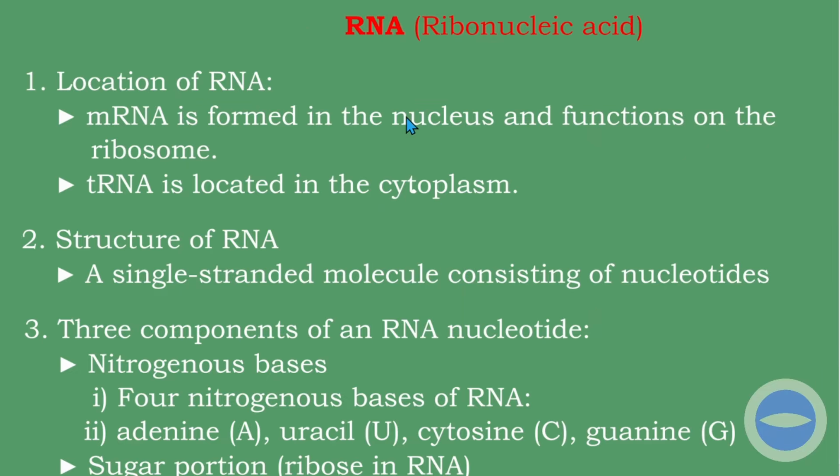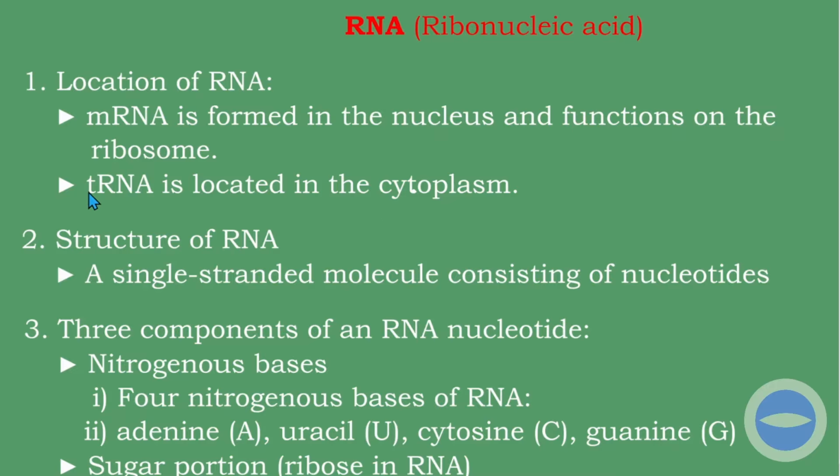Now we are going to RNA, ribonucleic acid. What must you know about RNA? You must know the location of the RNA. We have mRNA, which is messenger RNA. Messenger RNA is formed in the nucleus and functions on the ribosome.